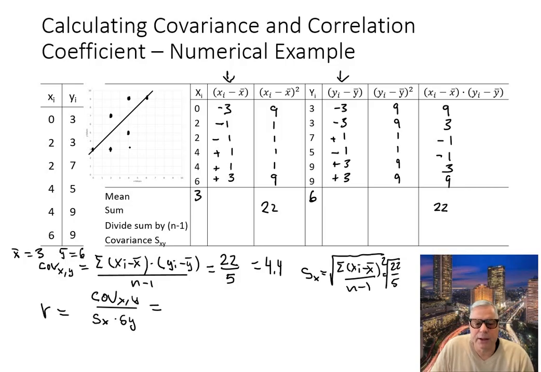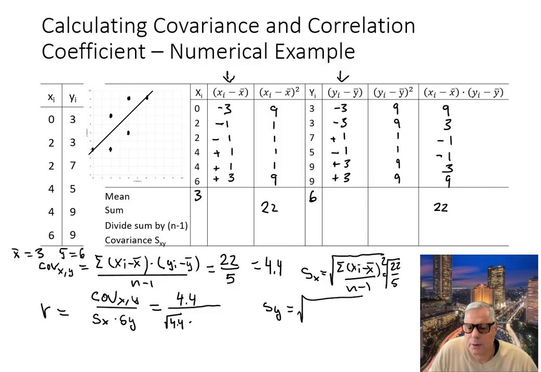So now we can write that the covariance is 4.4, but the standard deviation of x is the square root of 4.4 times, okay, so now let's calculate the standard deviation for y. So that is the square root of the sum of all the yi's minus y bar squared over n minus 1.